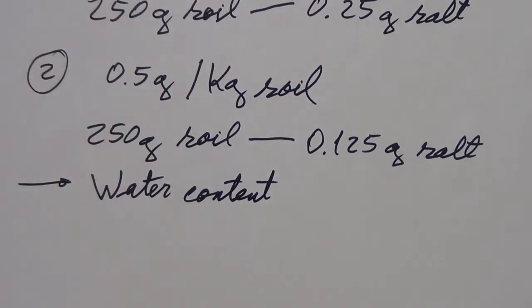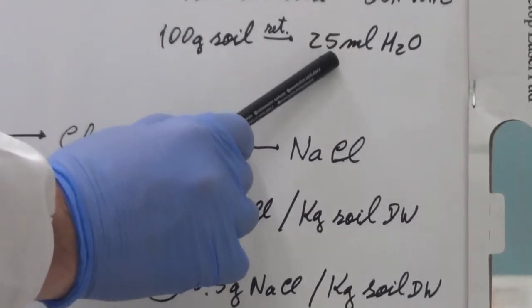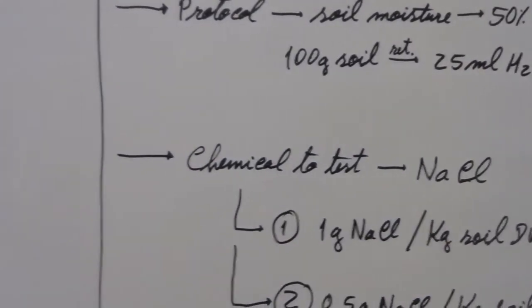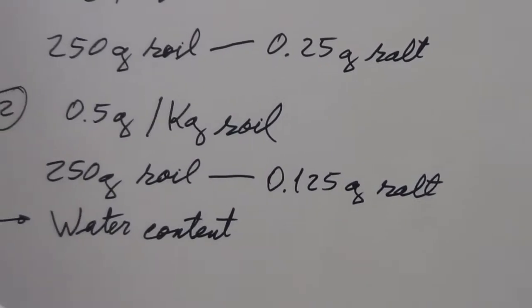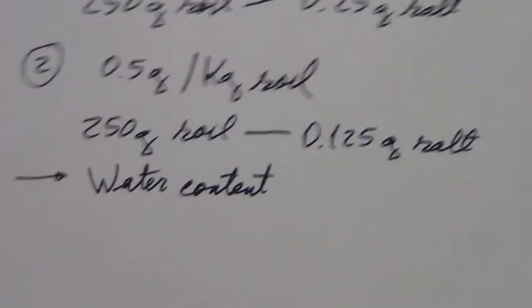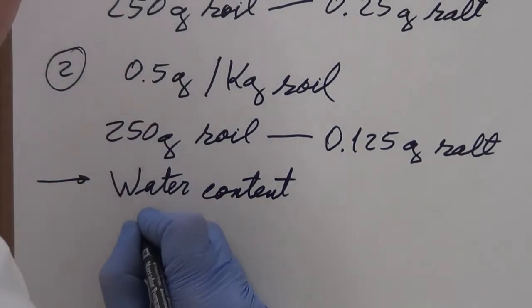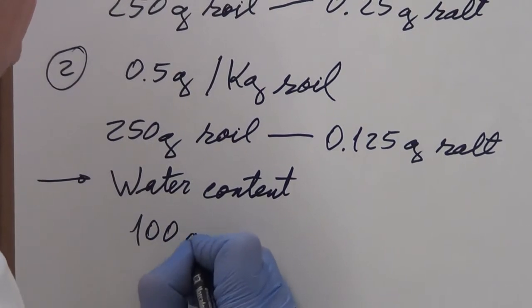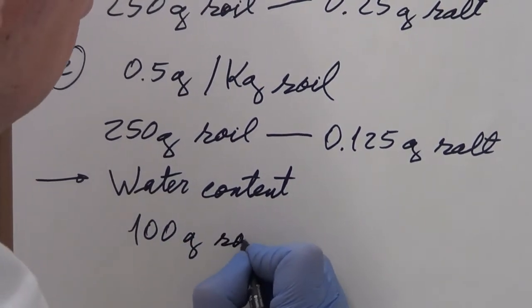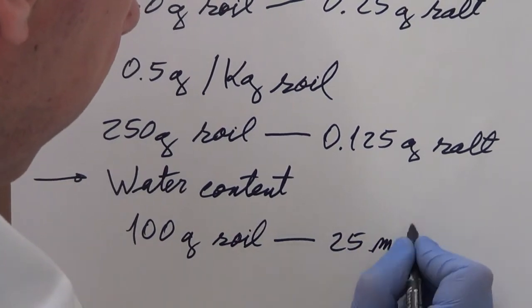Okay, in this case, since we want this relationship, in each 100 grams of soil we should have 25 milliliters of water or salt solution, depending on the treatment that we are preparing. So we want to keep the relationship between 100 grams of soil and 25 milliliters.